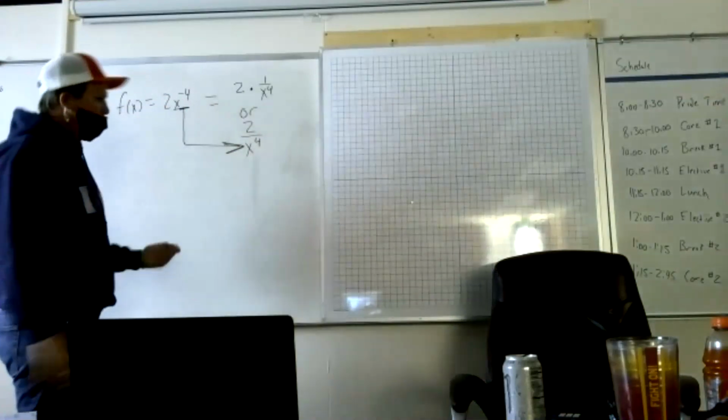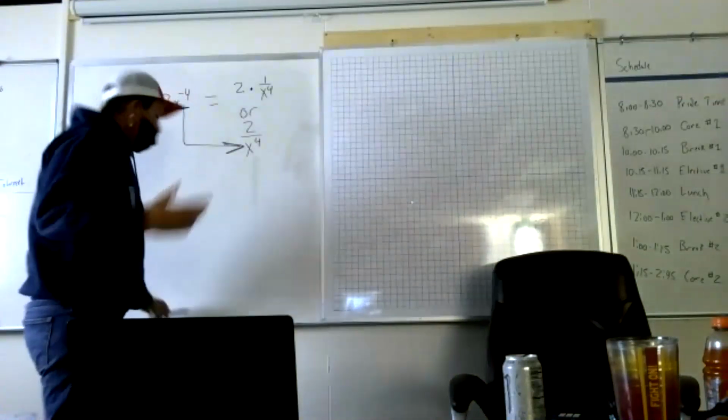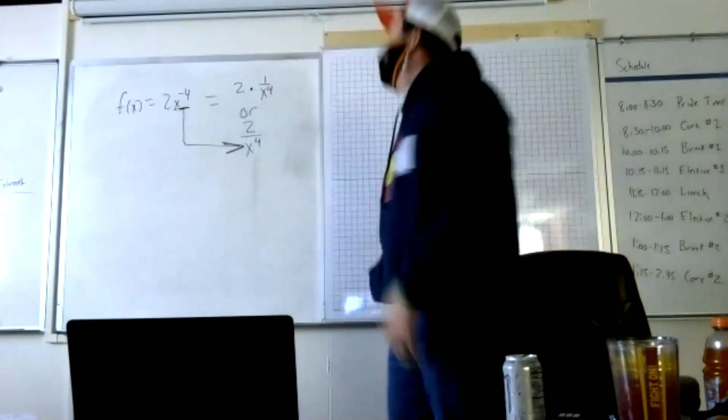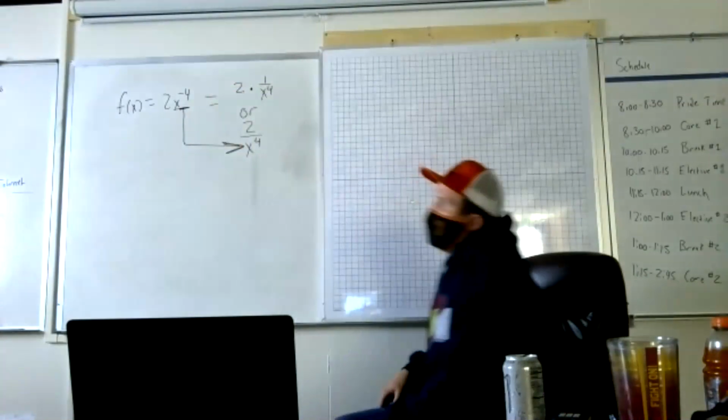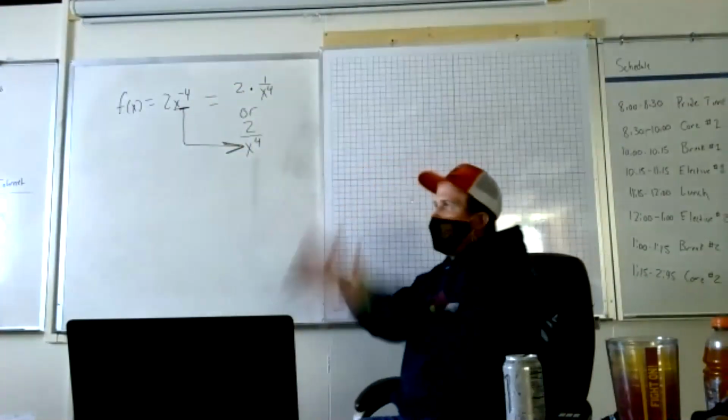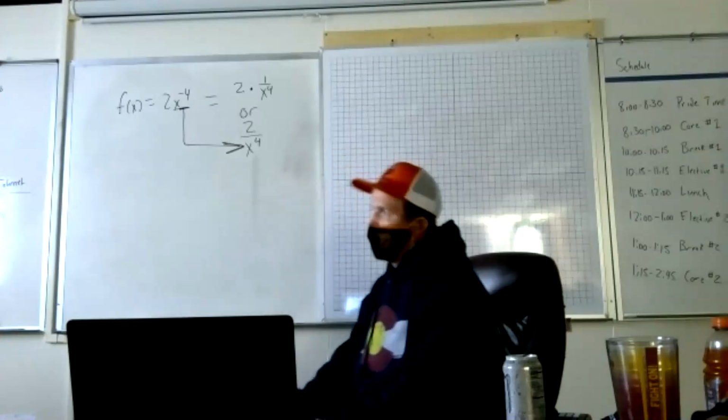So what does this give you? One, it's going to break up the domain. It has to. Okay, it's going to break up the domain because we're going to be undefined when x is equal to 0. So we're going to have an infinite discontinuity at some level.